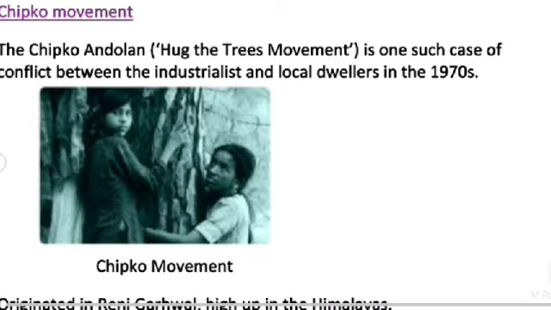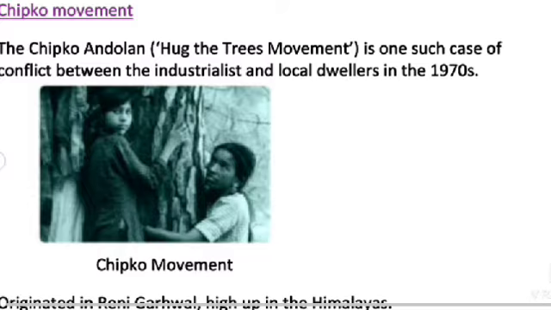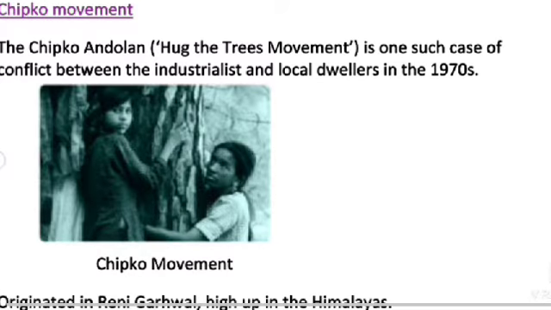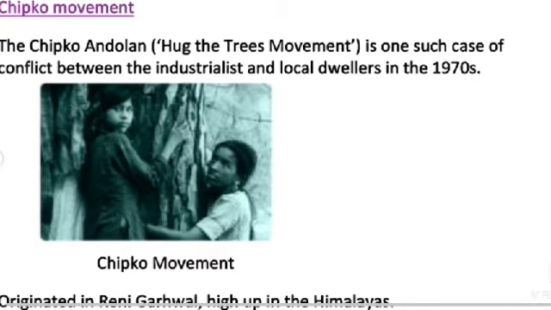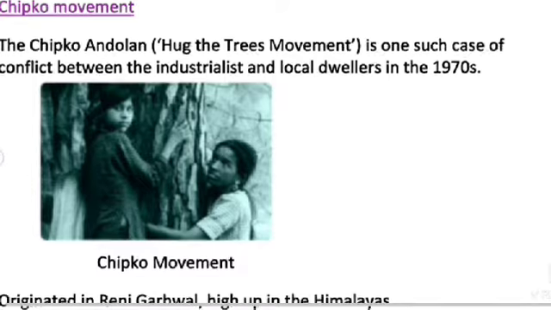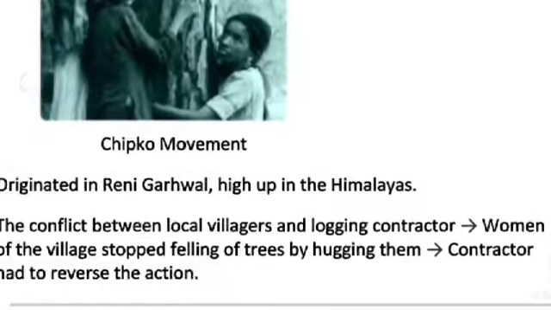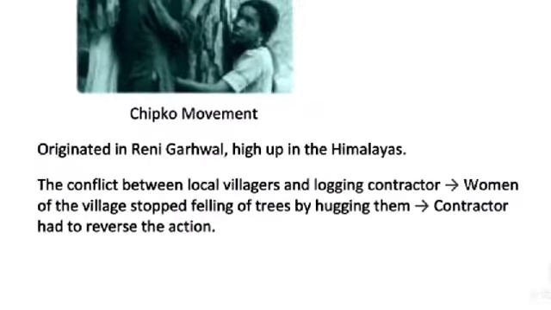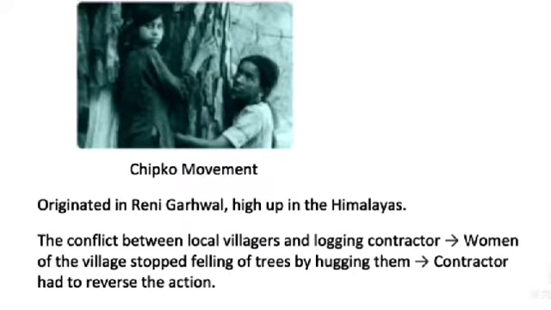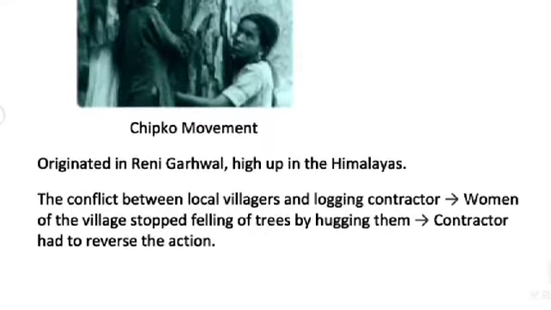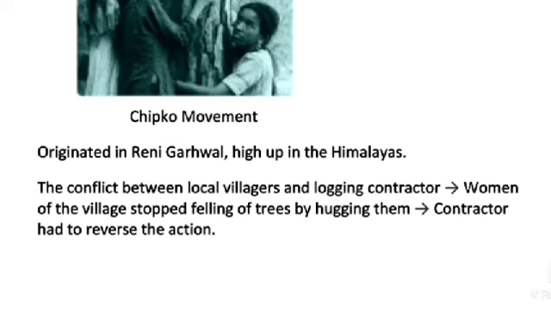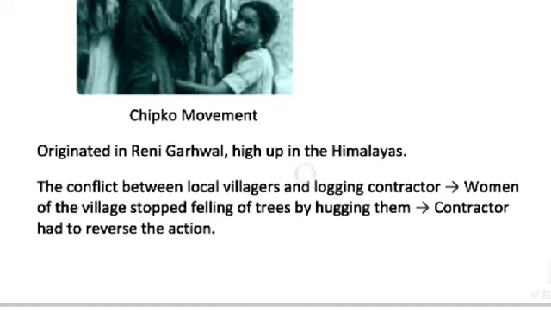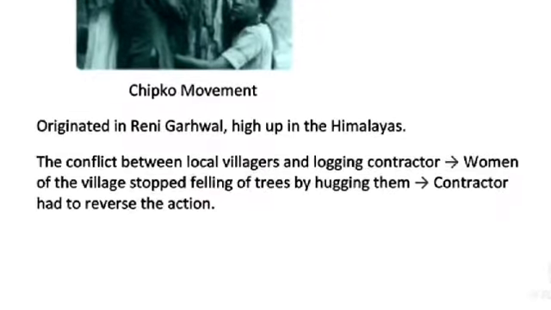Chipko movement. The Chipko Andolan is one such case of conflict between the industrialists and local dwellers in the 1970s. The Chipko movement originated in Reni, Garhwal, high up in the Himalayas.